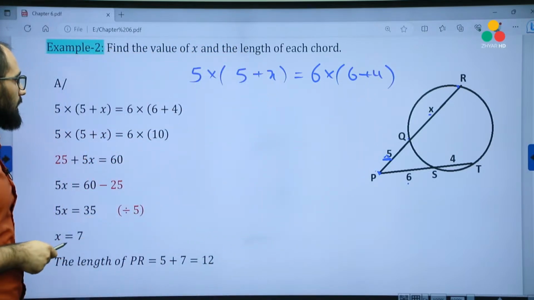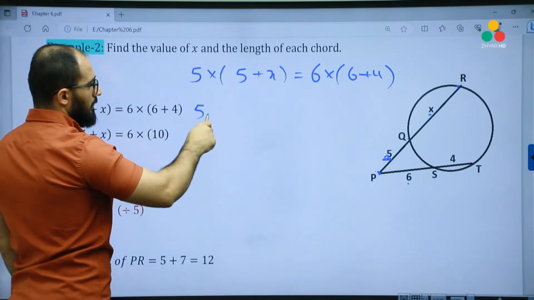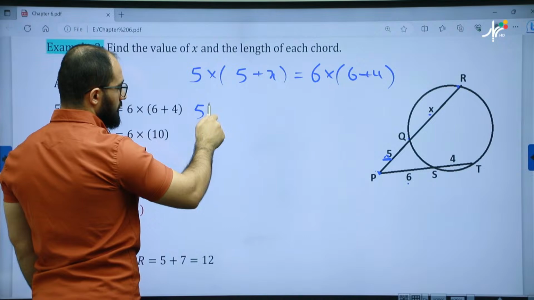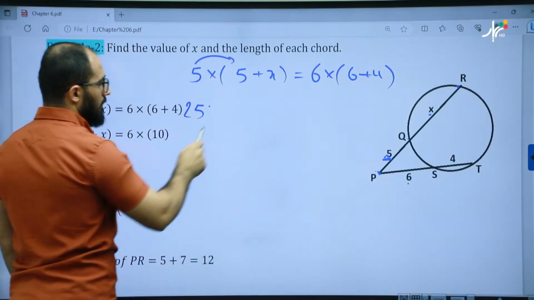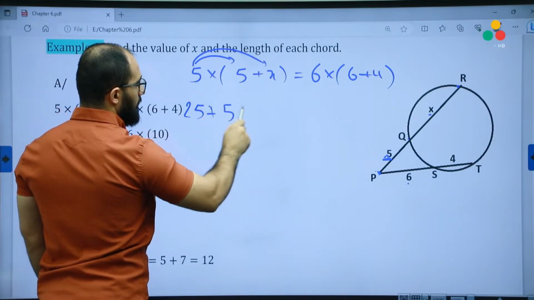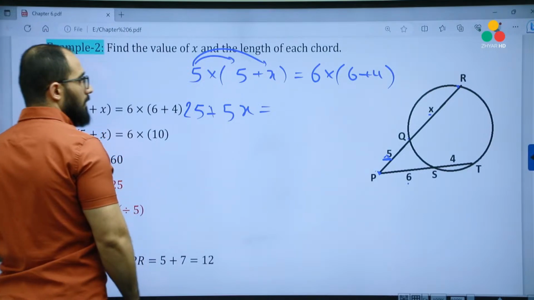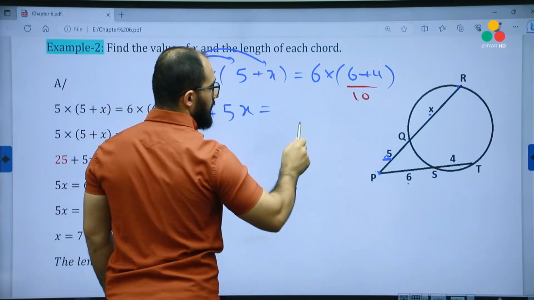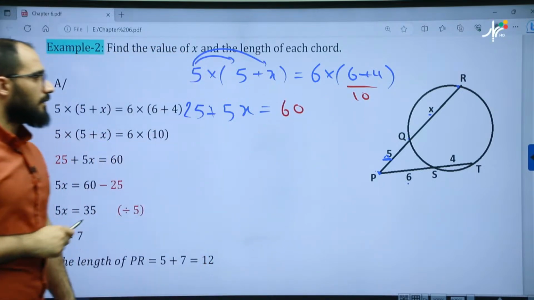That's it. So 5 times 5 plus x, then 5 times 5 is 25, plus 5 times x, 5x is equal. In the other side, we know that 6 plus 4 is 10. 6 times 10 is 60.